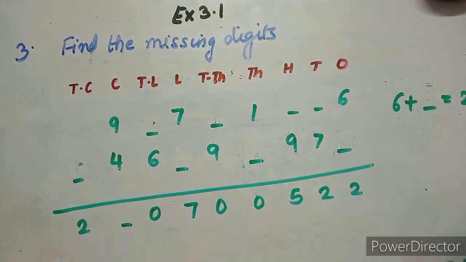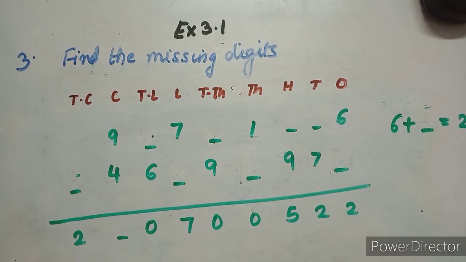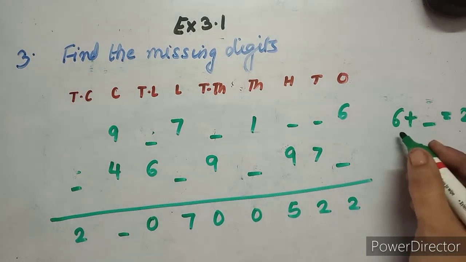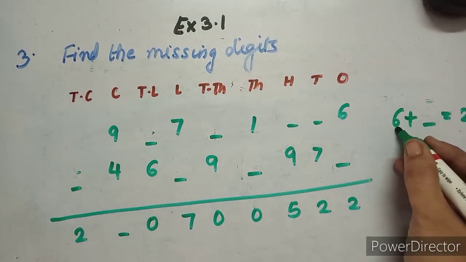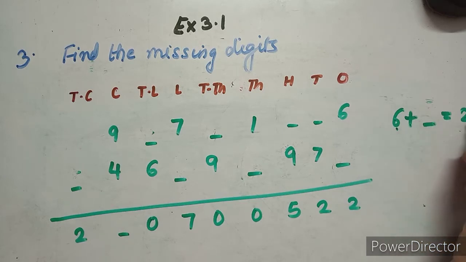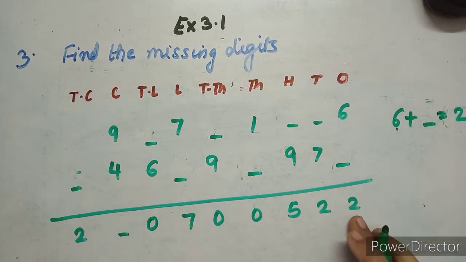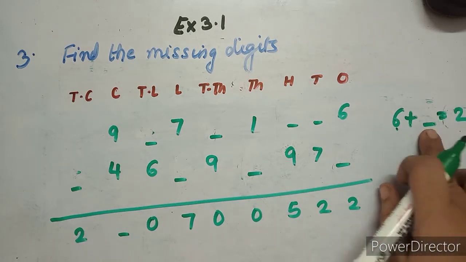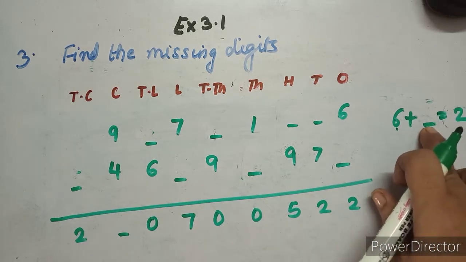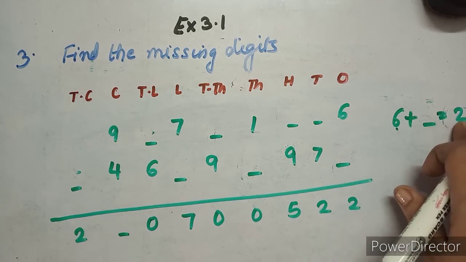Whatever is added in this blank, you should get 2.